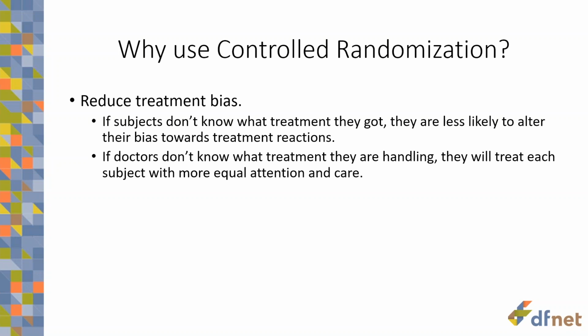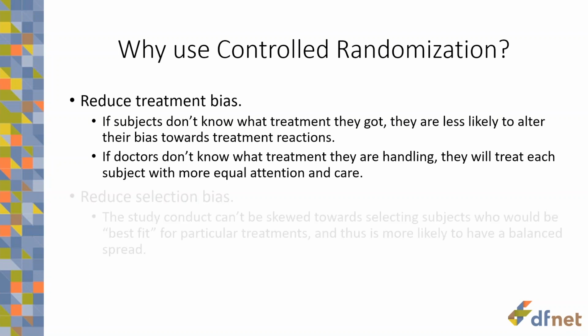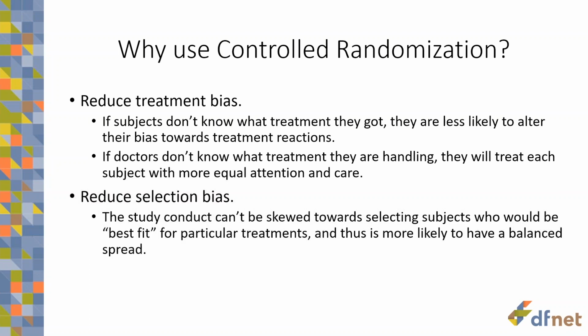And doctors also will have to treat every patient identically because they don't know what the participant is getting, and they need to ensure that there is no bias in the treatment care. It also reduces selection bias. So it doesn't look for who's best fit per treatment, and rather instead gives a healthy balance of spreading everyone evenly across all possible treatment options.